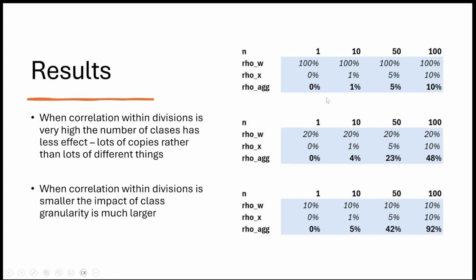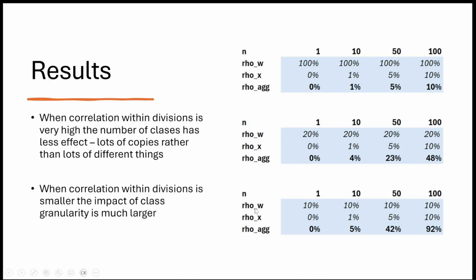But as we look at a lower value of rho W, in our example we were looking at 20% and 5%, and we saw that at 23% when you've got 50 classes, with 100 classes it goes up even more to nearly 50%.